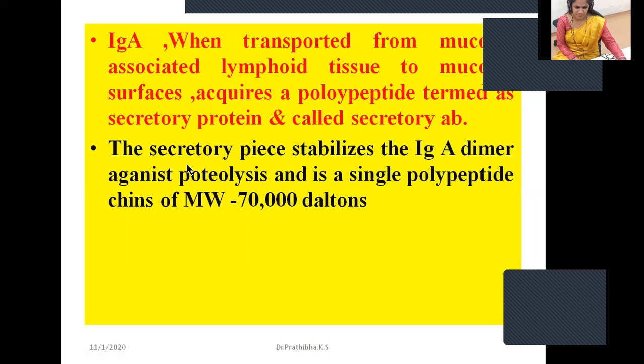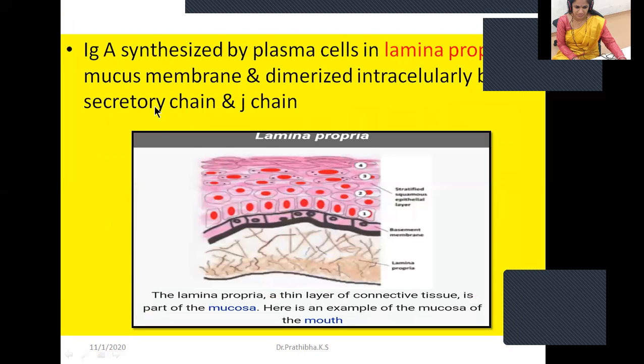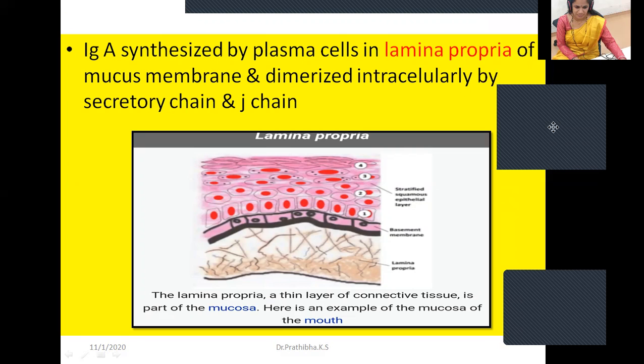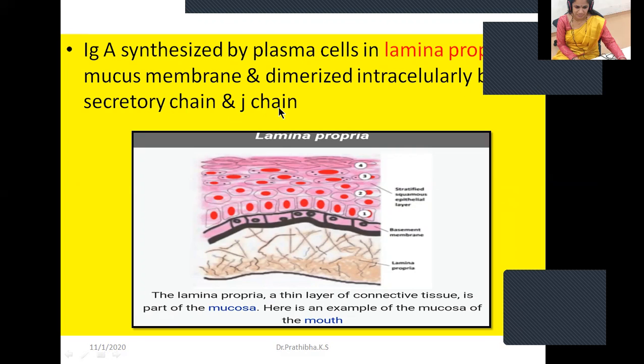Okay, the secretory component is 70,000 Daltons, whereas the J chain is different. IgA is synthesized by plasma cells in the lamina propria of mucous membrane and dimerized intracellularly by the secretory chain and in the presence of J chain.